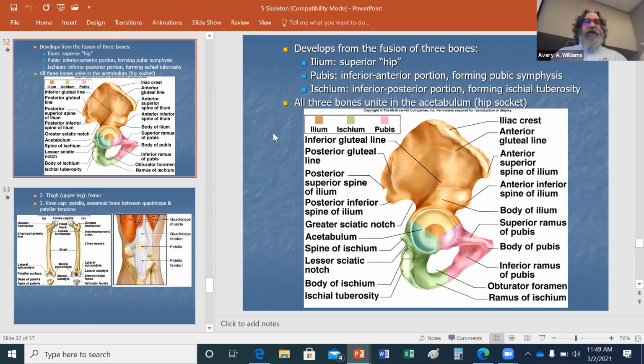Know the difference between the axial skeleton and appendicular skeleton, and then the shapes of them too. Which of the following is a flat bone, which is an irregular bone, which is a long bone, which is a short bone, something like that. Okay, thank you.